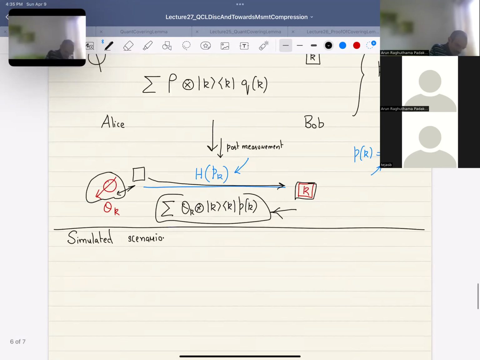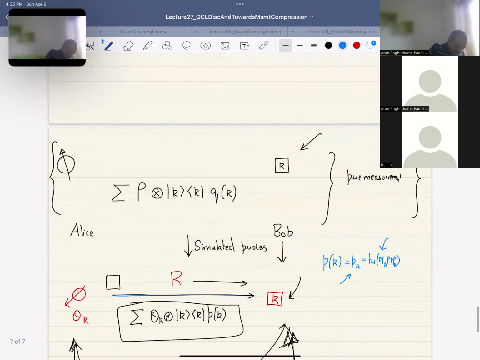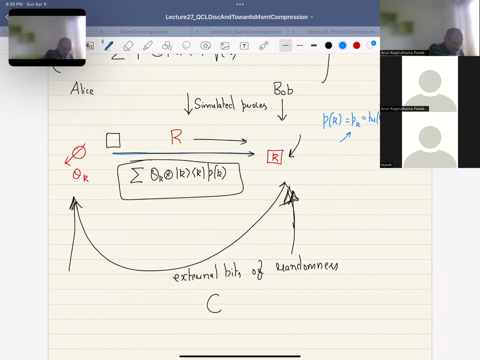Now, my goal is the following. My goal is to simulate exactly the same classical quantum state. Instead of Alice performing the measurement, I will equip both these guys with some external bits of randomness.